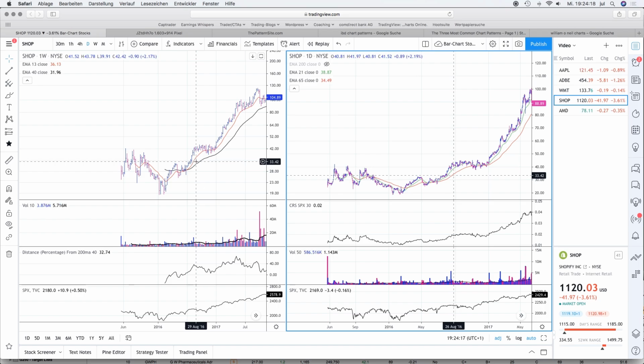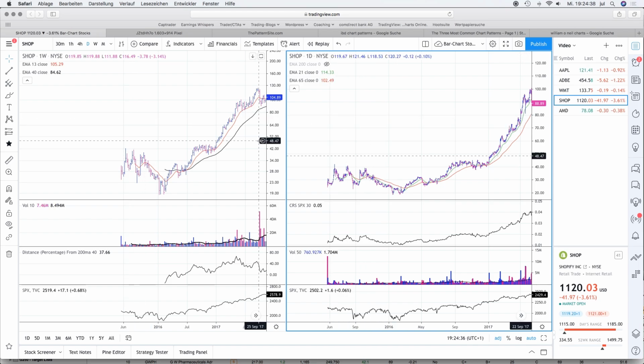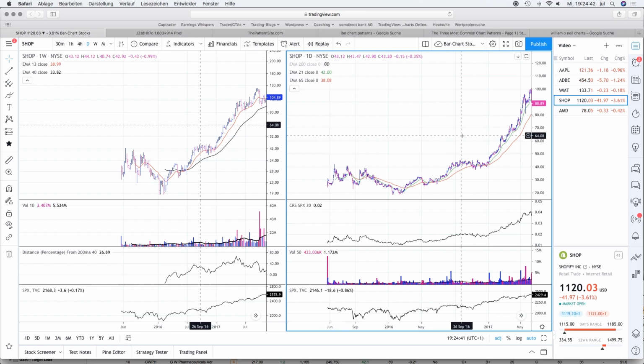We saw that in 1983 and 1986 here. And it looks very similar. So the patterns are repeating over and over again. And the more you study them and the more you look at them, the more natural it becomes for you, and the easier it is for you to spot and notice these patterns.